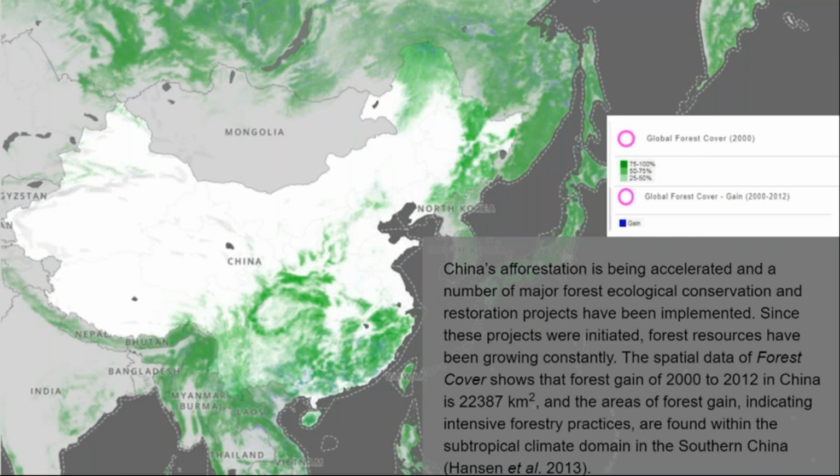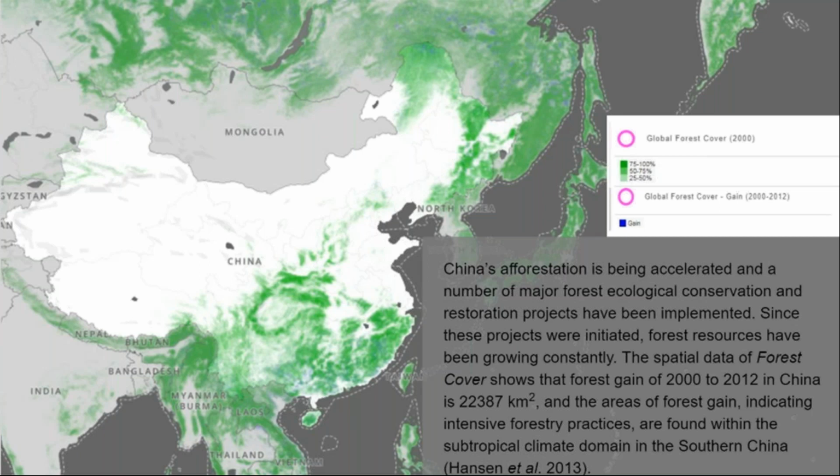As mentioned earlier, China's afforestation is being accelerated, and a number of major forest ecological conservation and restoration projects have been steadily implemented since these projects were initiated. National forest resources have been growing constantly.